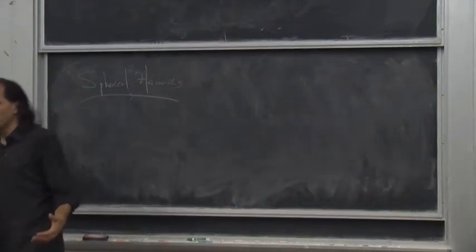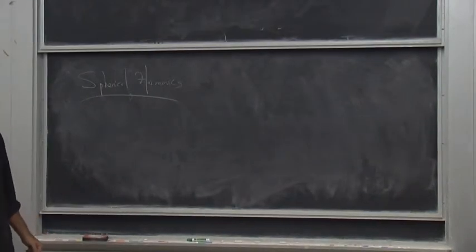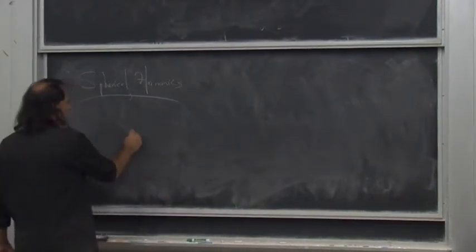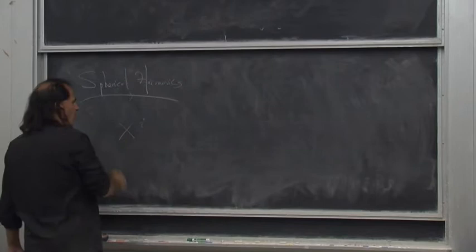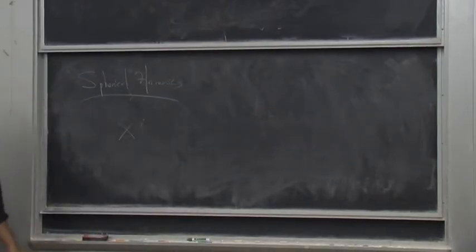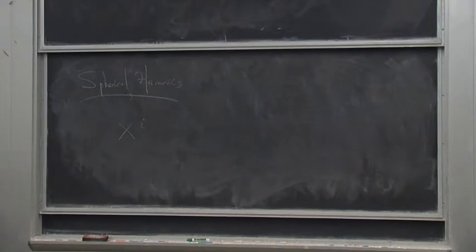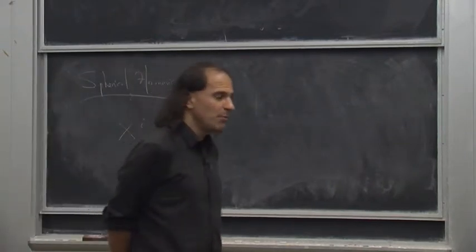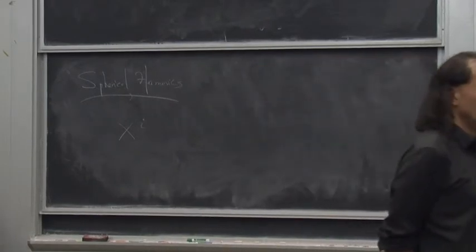Let's remember, what is the purpose? What are we supposed to do with spherical harmonics? The idea is that we want to build out of coordinates xi, which transform like vectors under rotations, things with a general number of indices that are irreps under SO(D).